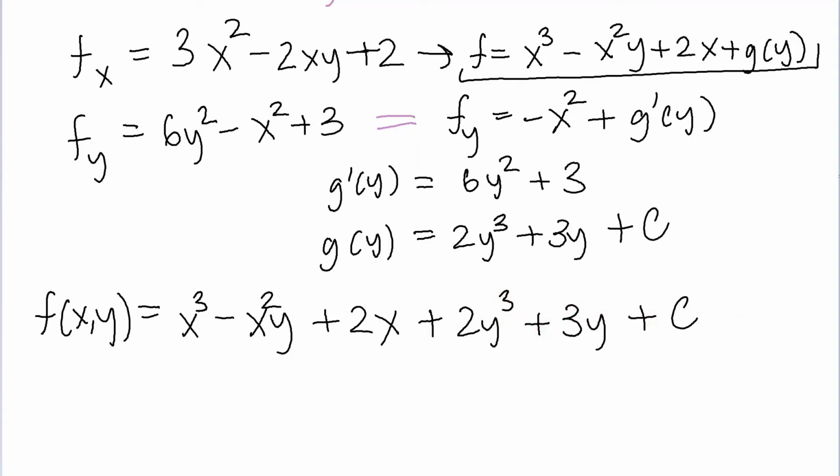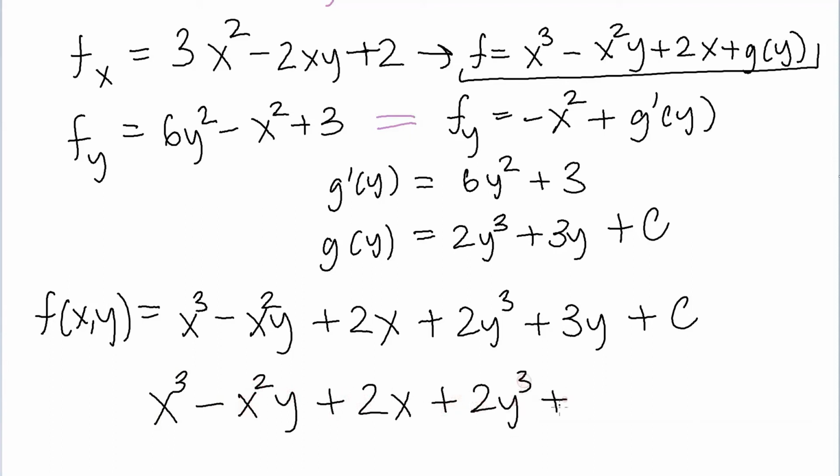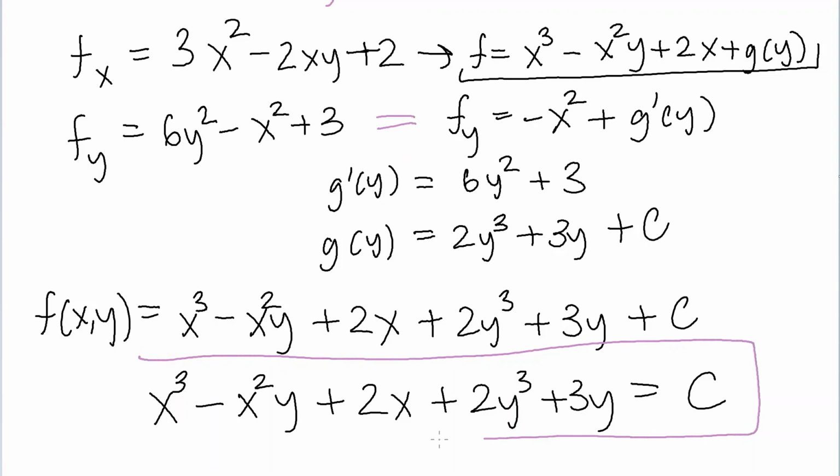And so our solution will be x cubed minus x squared y plus 2x plus 2y cubed plus 3y equals c. And that is our final answer. That is our solution to the exact equation.